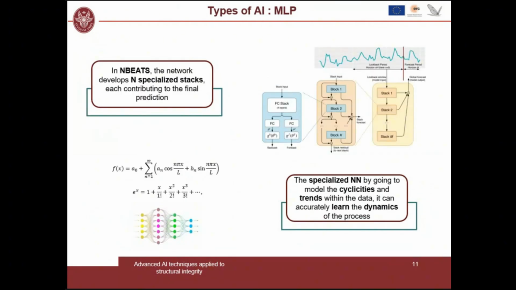So for example, here, there is a neural architecture called N-BEATS, in which you basically create N blocks based on the multi-layer perceptron architecture, and you force each block to map into a kernel. So for example, a Taylor kernel, or a Fourier kernel, or just a linear kernel, and you can decompose your data into a trend, a cyclic part, a residual part.